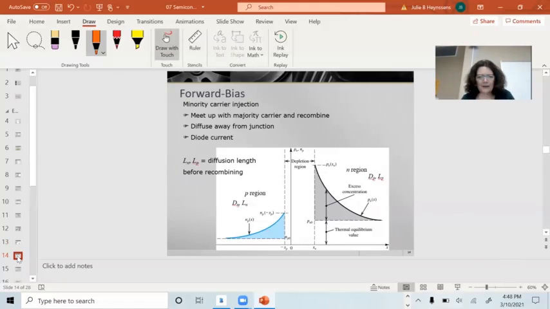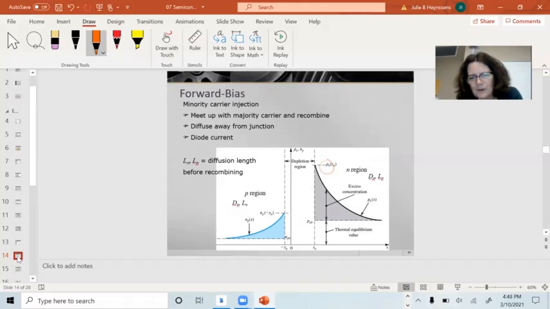In forward bias, the excess concentration of minority carriers, this is on the N side, my P's, tend to concentrate pretty close to that depletion region. As we get away from that depletion region, many of these carriers have found a site to recombine with.